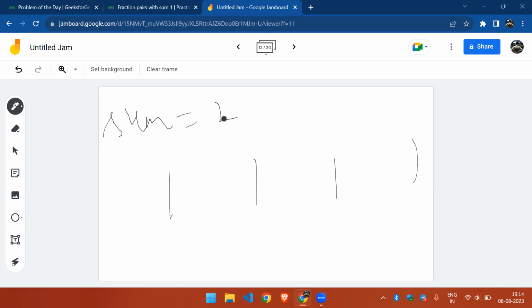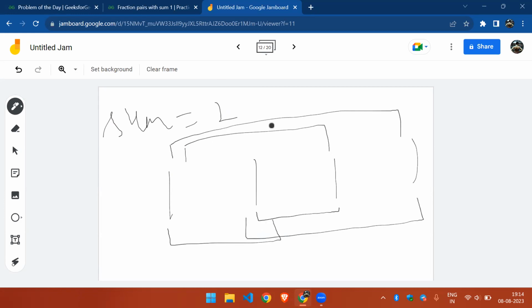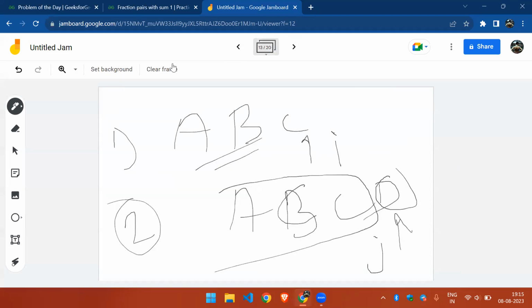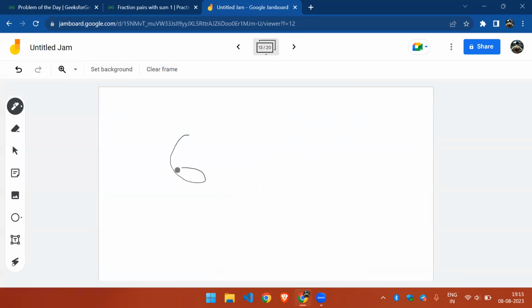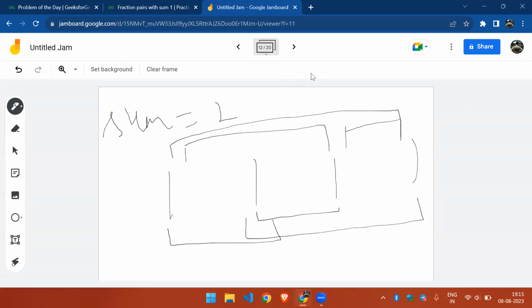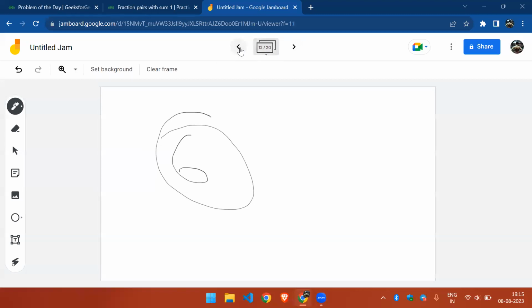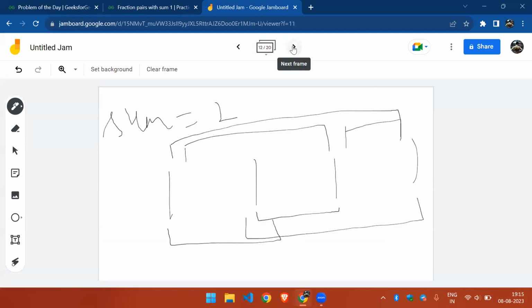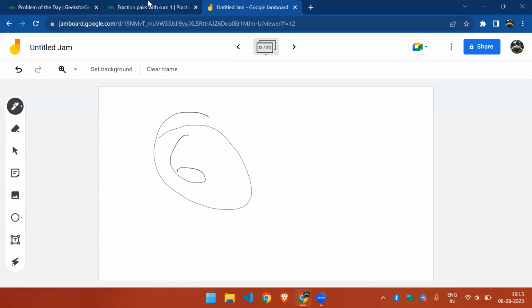So what were the possible pairs that could sum up to 2? It was these two, then these two, and so on. The total number of pairs that could make the sum up to 2 was 6, right? So that's the reason that we are adding the frequency instead of just the number itself.